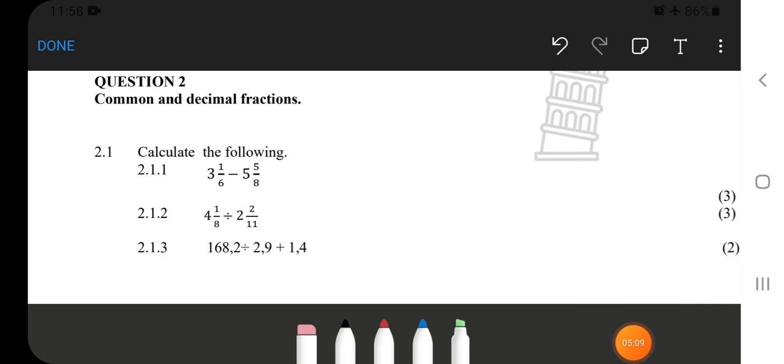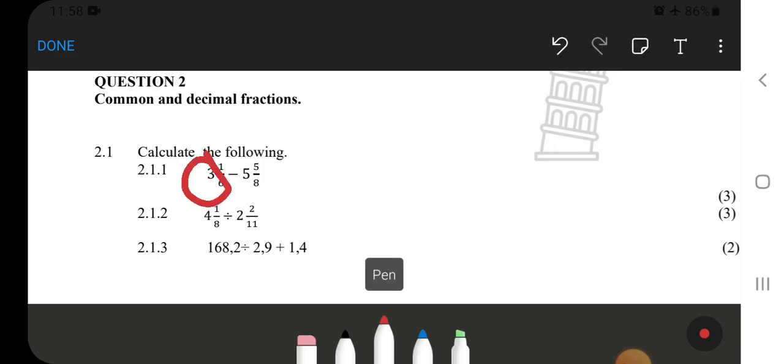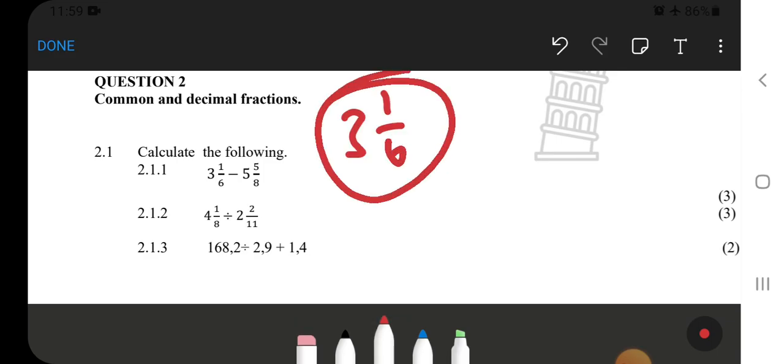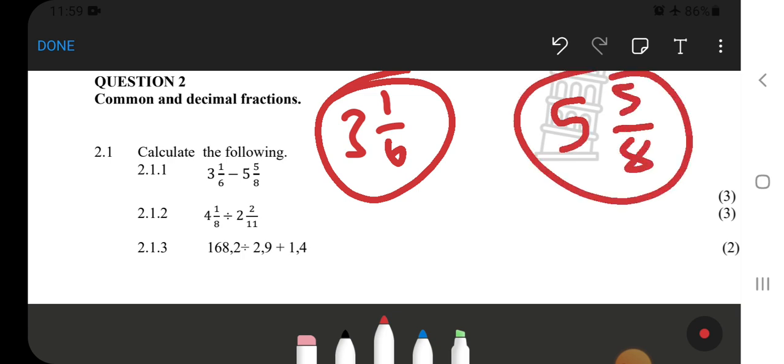All right, so here we are on question 2. Here on question 2, we have this value here, 1 over 6. What you do is put all of this in the calculator, and then you also put 5 over 8, all of this, in the calculator.